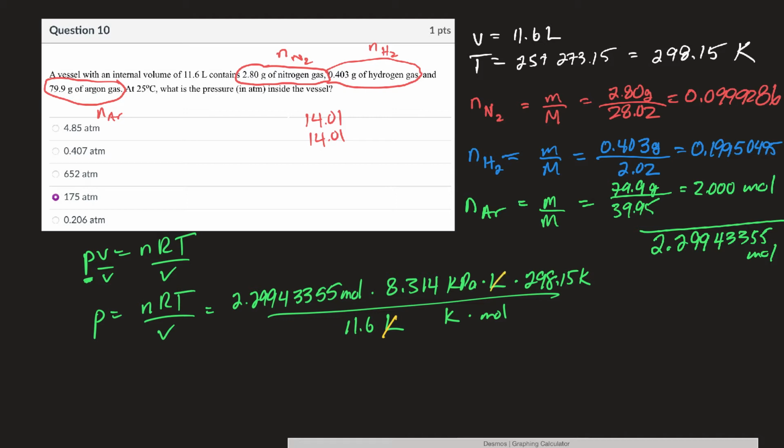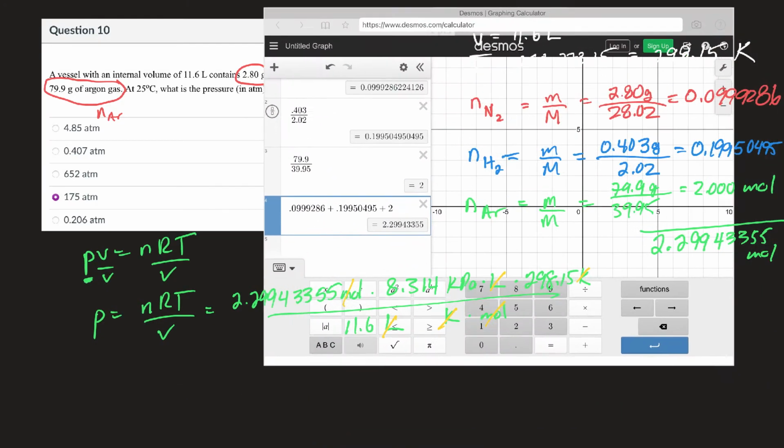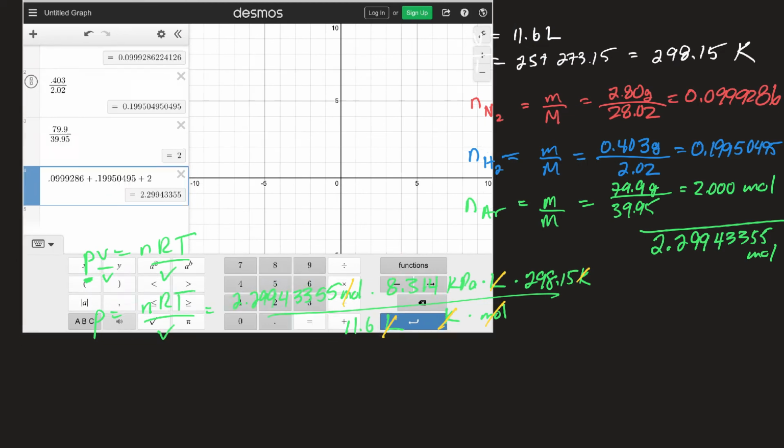Liters cancel, Kelvins cancel, moles cancel, left with kilopascals. Perfect.